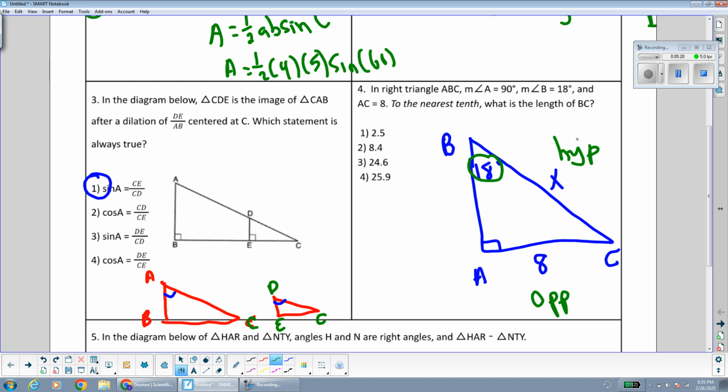We need to use sine here. Oops. Divide both sides by sine of 18.